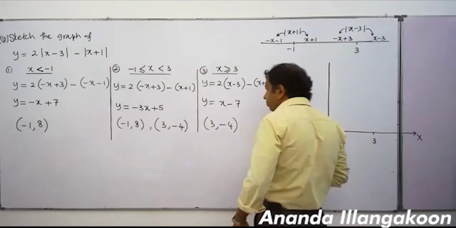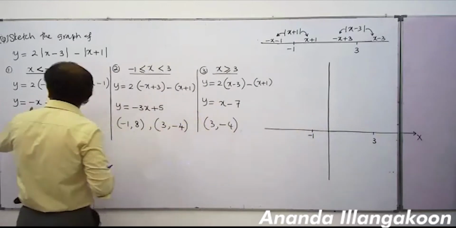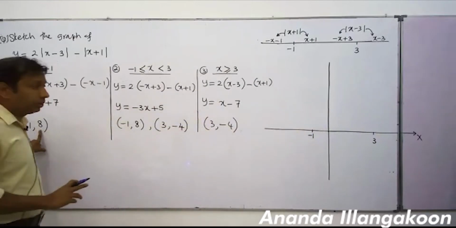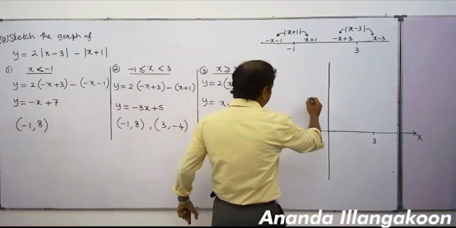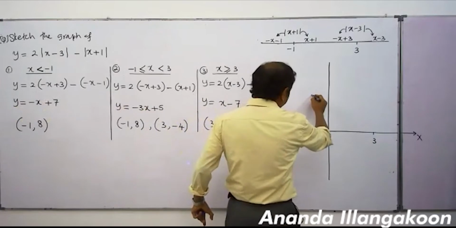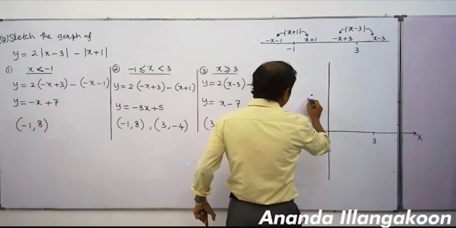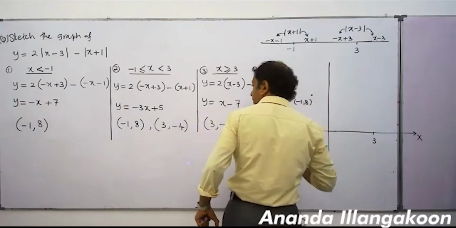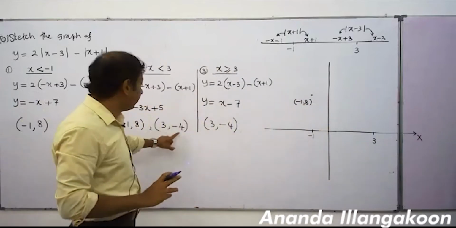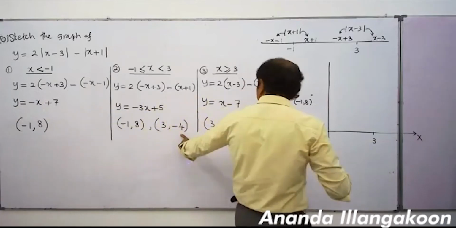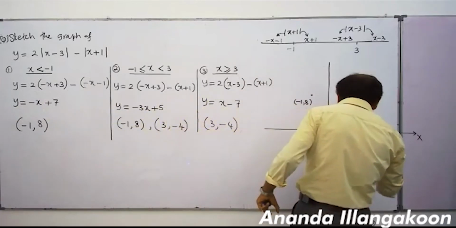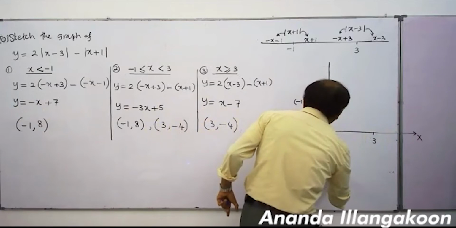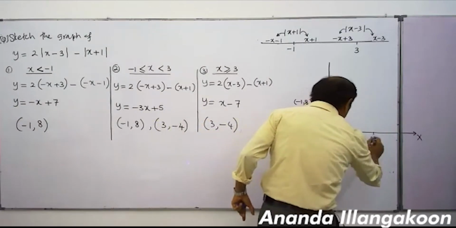X equals minus 1, 8 is a point. Minus 1, 8 is somewhere here, suppose. This is minus 1, 8. And here minus 1, 8 and 3, minus 4. 3, minus 4 we get. 3, minus 4 is, people, minus 4 is somewhere here. The point is this.